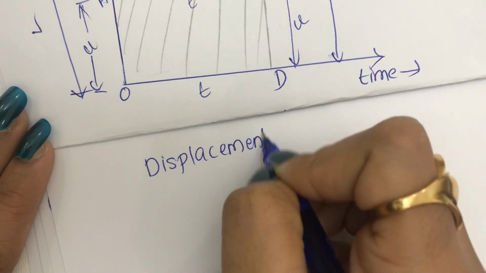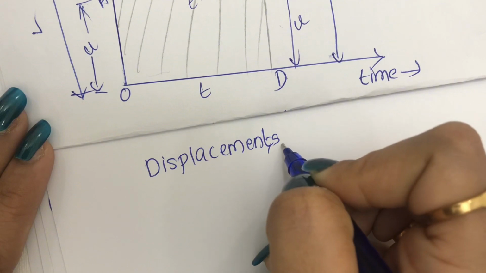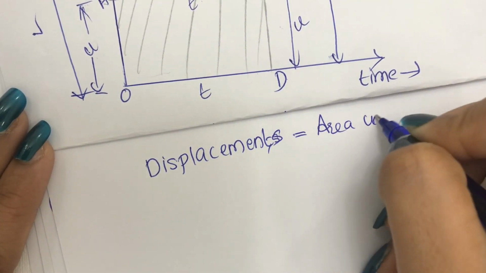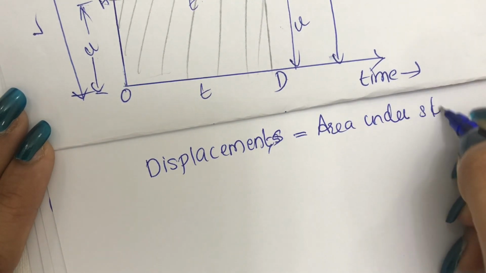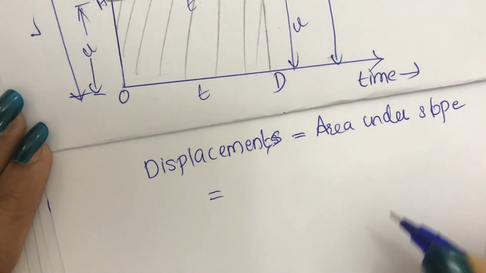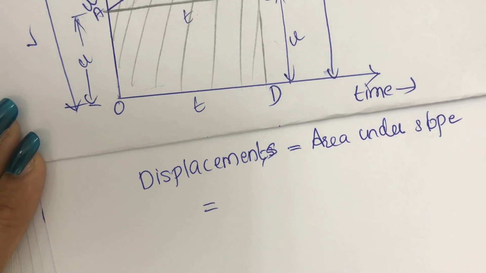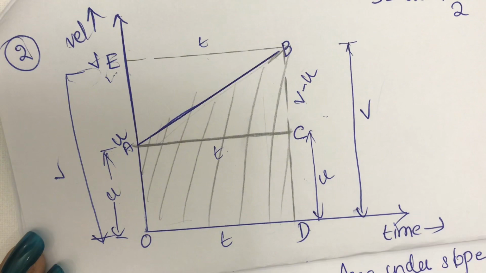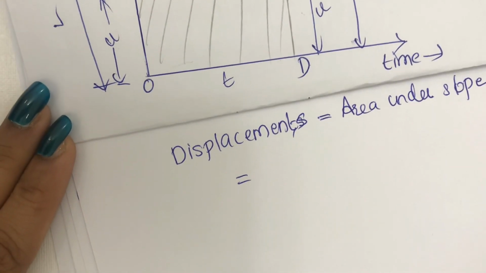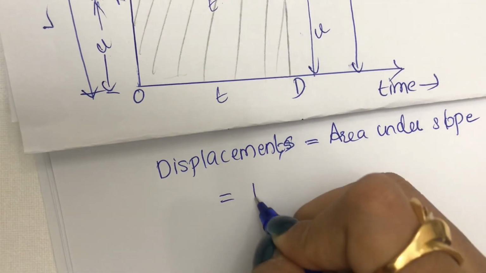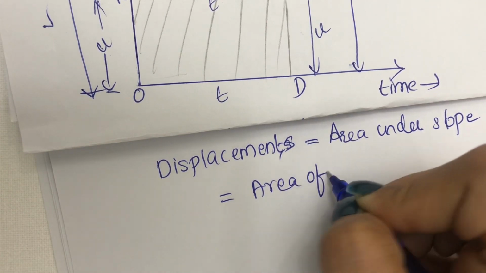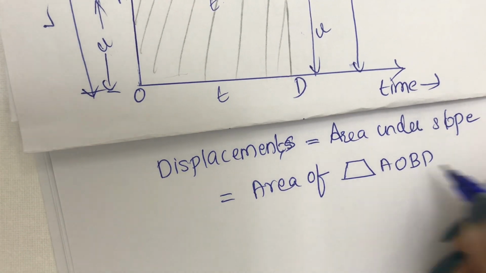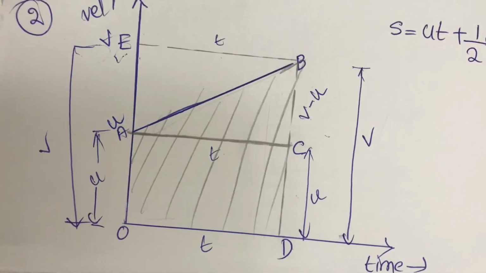Displacement, S equal to area under slope, which is what? Area of the trapezium AOBD, right? And what is the trapezium now?